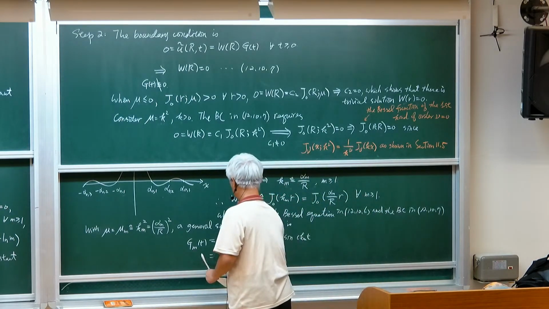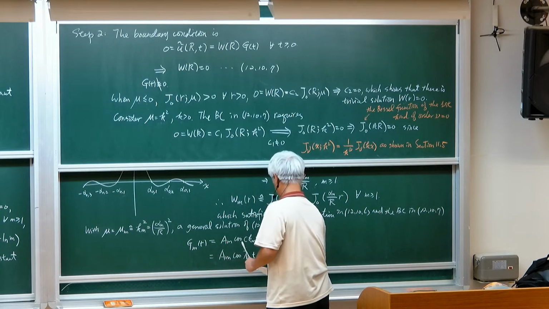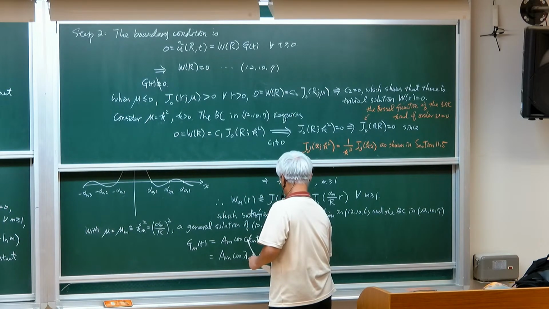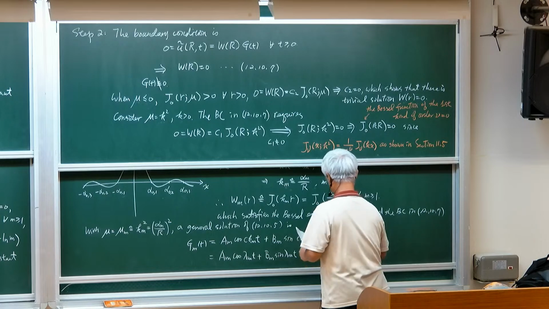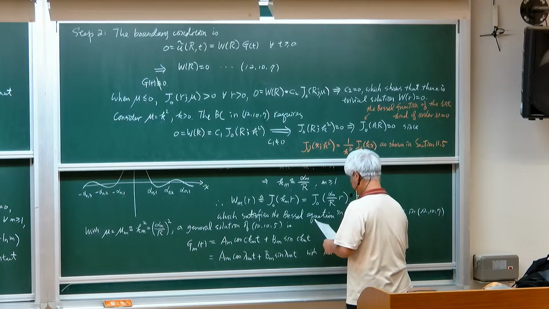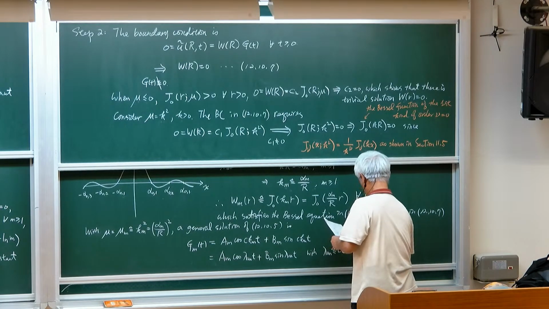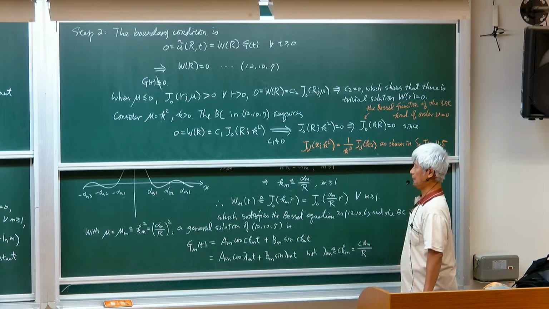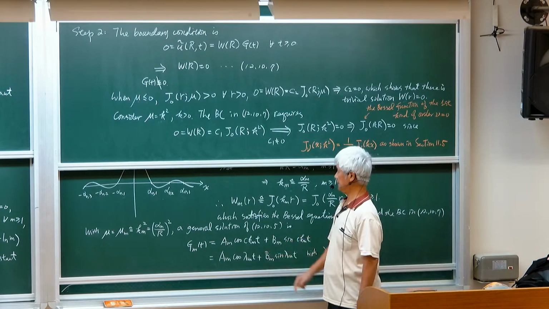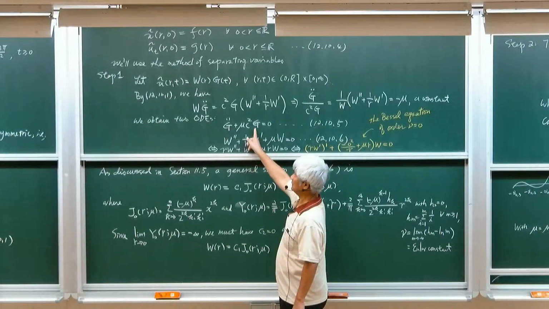And we will use cosine lambda sub m t. So we use the angular frequency, with lambda sub m defined to be c times k sub m, which is equal to c times alpha sub m divided by R. Okay, so this is the general solution of the ODE governing the time evolution here.